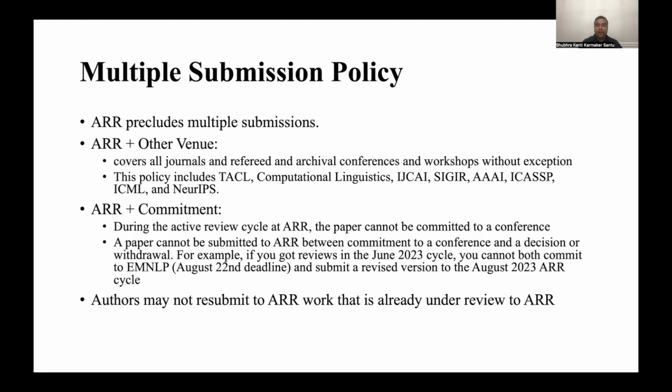And then the other interesting case is a paper cannot be submitted to ARR between commitment to a conference and a decision or withdrawal. What that means is, for example, if you got your reviews for your June 2023 cycle, you cannot do both of committing to EMNLP and submit a revised version to the August 2023 ARR cycle.